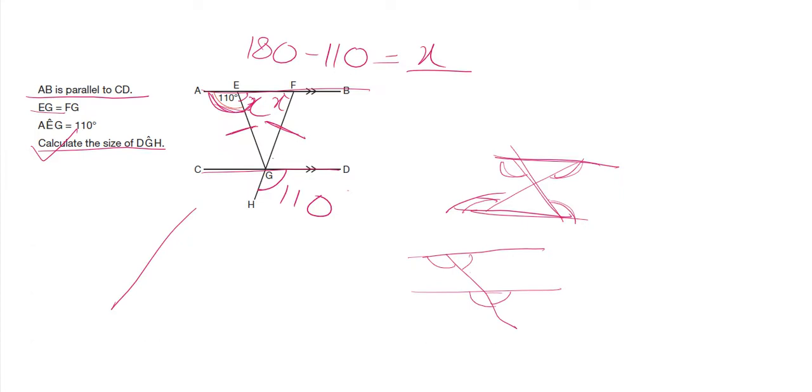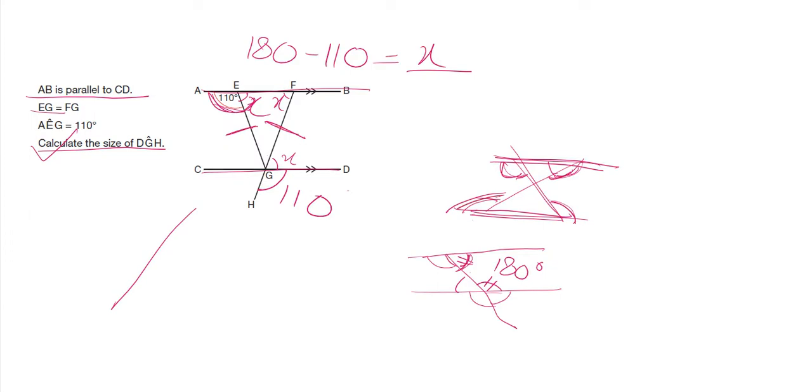And x would be equal to this one. So in parallel lines we have to consider these things. The corresponding angles will be equal to each other, like these two and these two. This one adds up to 180 degrees, but alternate angles will be equal to each other.